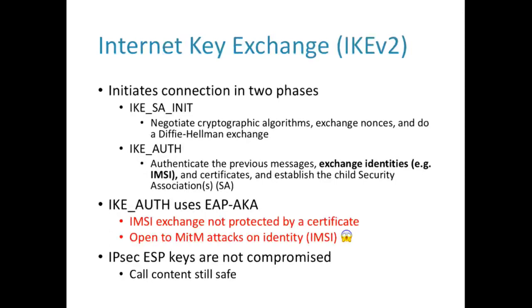So what happens in this Internet Key Exchange? Well, there are two phases. There's something called the IKE SA init, which negotiates cryptographic algorithms, exchanges a bunch of stuff like nonces, and does something called the Diffie-Hellman exchange, which basically sets up a key pair to encrypt the following exchange, the IKE auth exchange, at which point identities are exchanged.